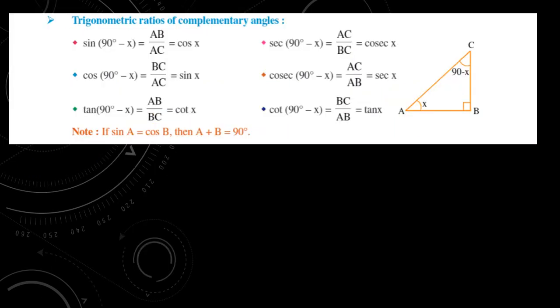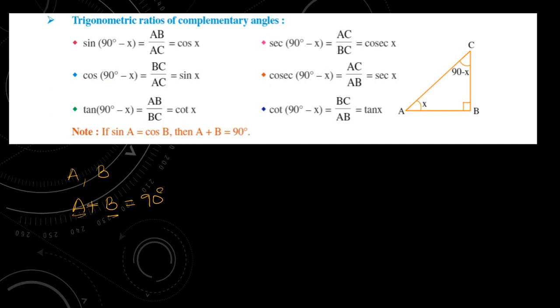That is nothing but trigonometric ratios of complementary angles. What is meant by a complementary angle? A complementary angle means the sum of two angles is 90 degrees. Suppose I consider angle A and angle B, then I can simply say that if angle A plus angle B is equal to 90 degrees, then angle A is the complement of angle B and angle B is the complement of angle A, right?